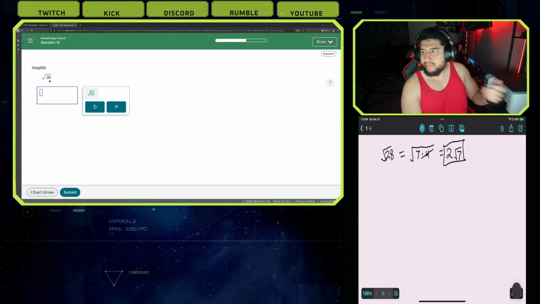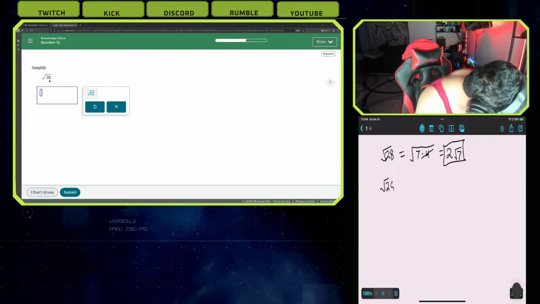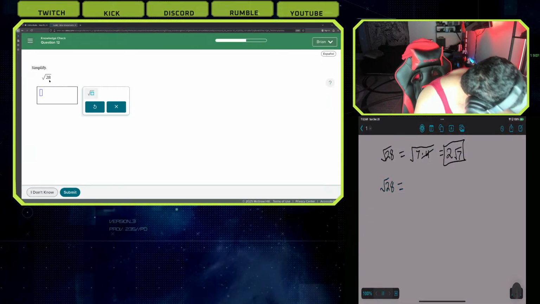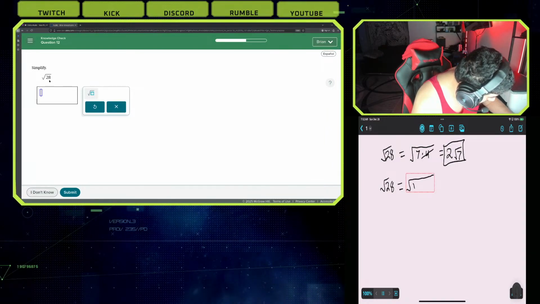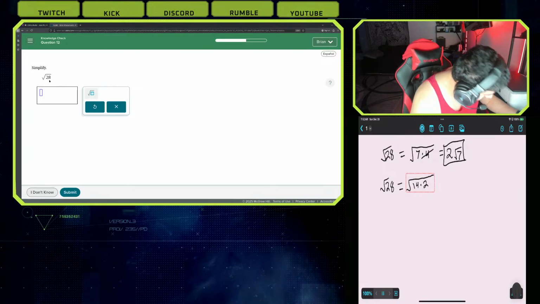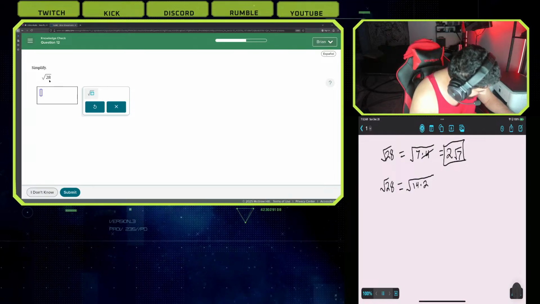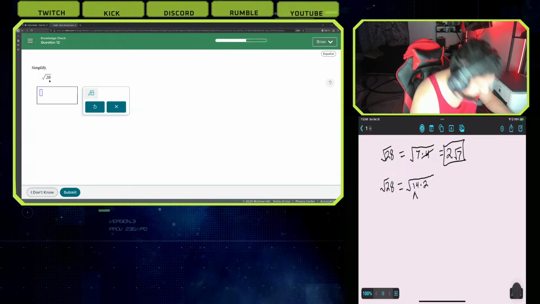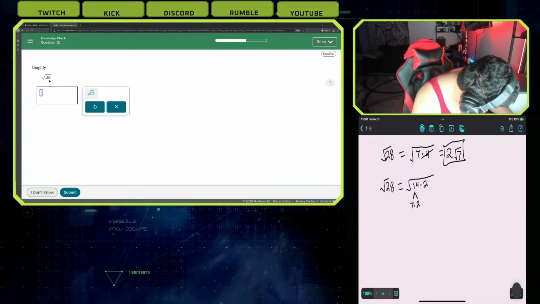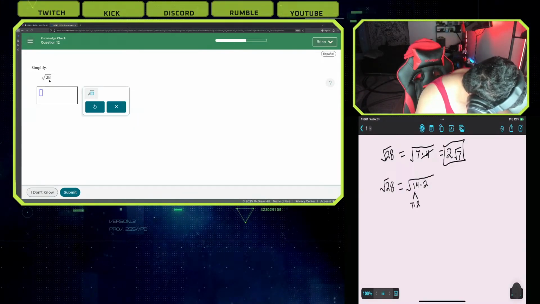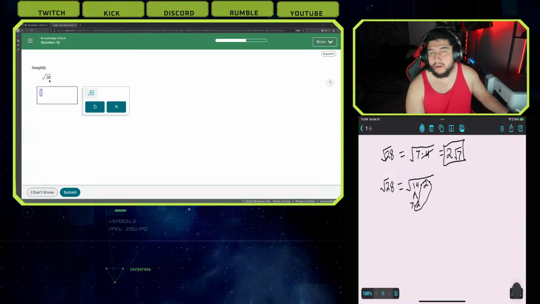You could use a different one. You could do the square root of 28 equals root of, let's divide it by 2, so 14 times 2. It's going to end up being the same thing. You could divide the 14 by 2, so 7 times 2. But look here, we have two 2's. Squared means you have 2 of them on the inside.